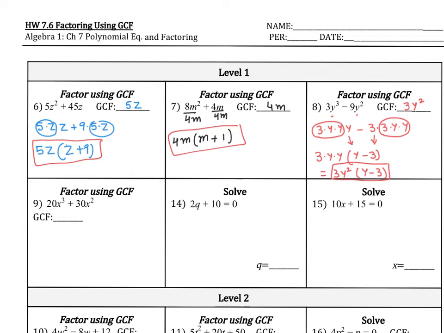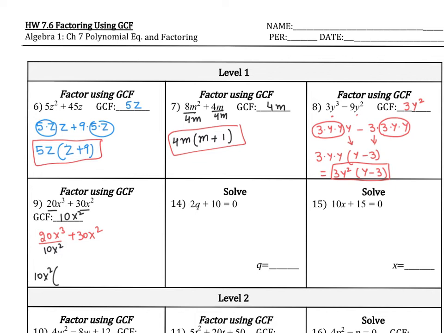So I'm deciding that both the terms have 10 as a common number that divides both of them, and x squared. And then when I rewrite it, 20x cubed plus 30x squared, if I divide it by 10x squared, so 10x squared is my GCF.